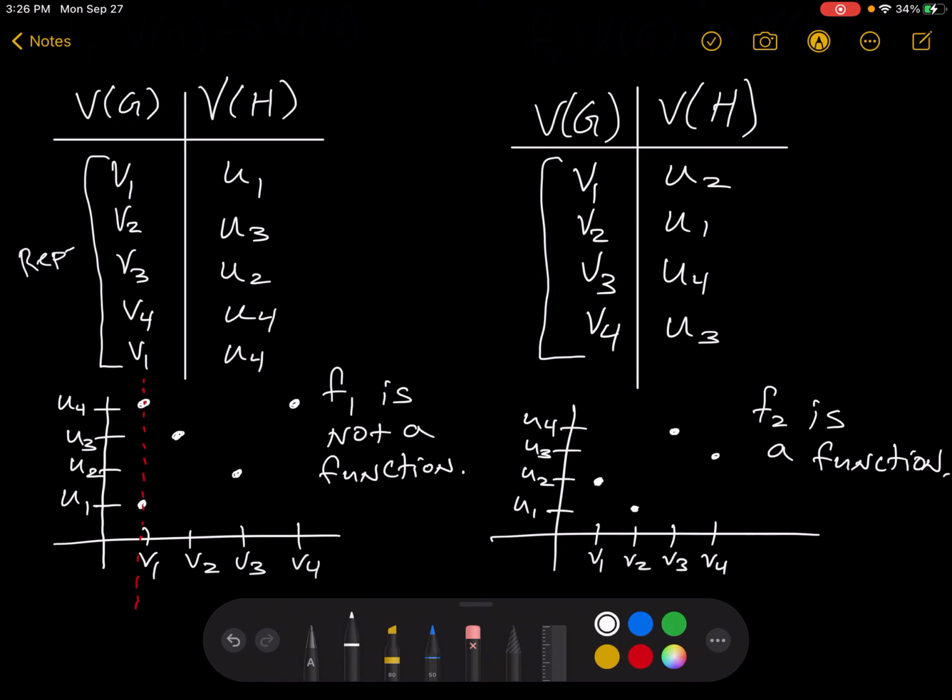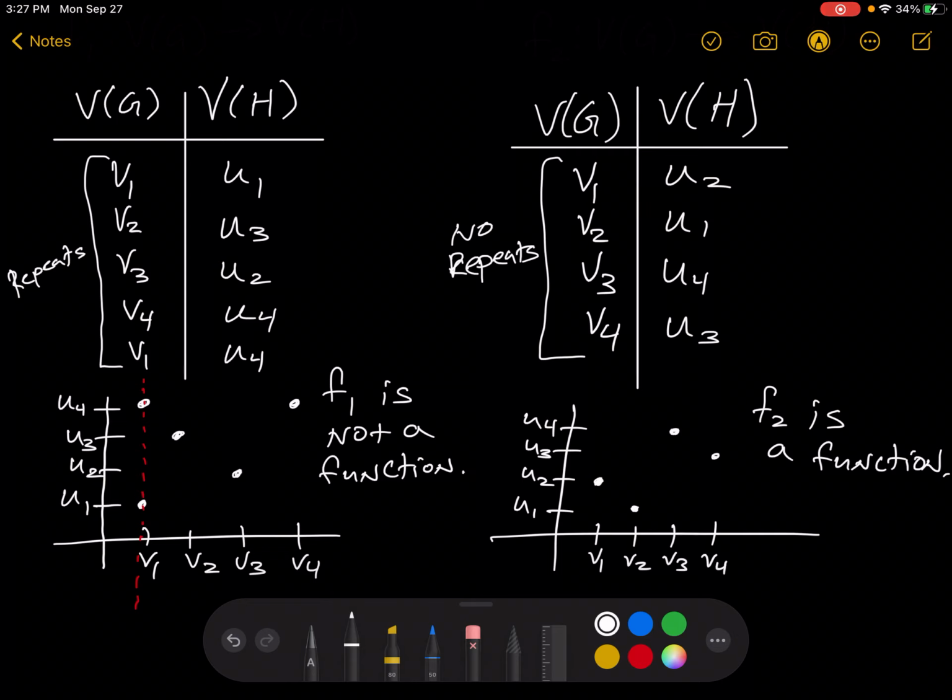So, repeats and no repeats. If there are no repeats in the first column, then the table represents a function.